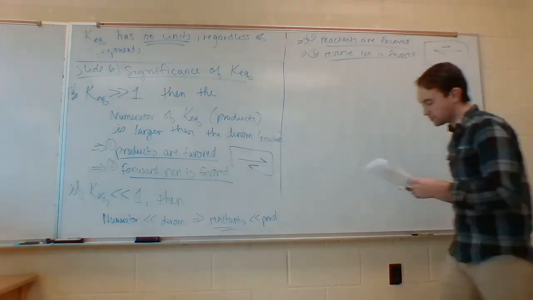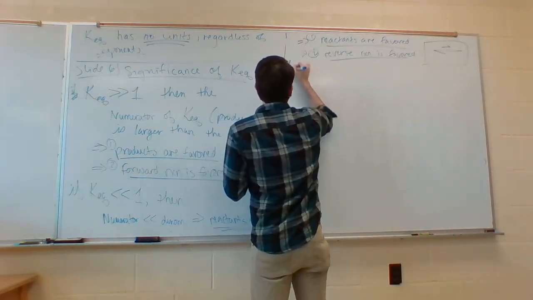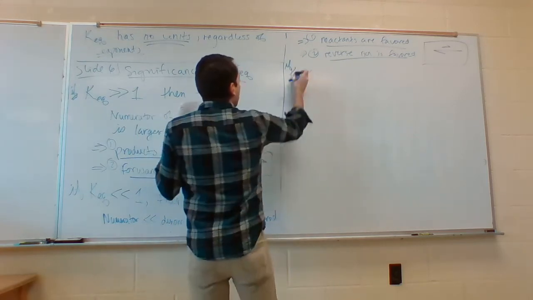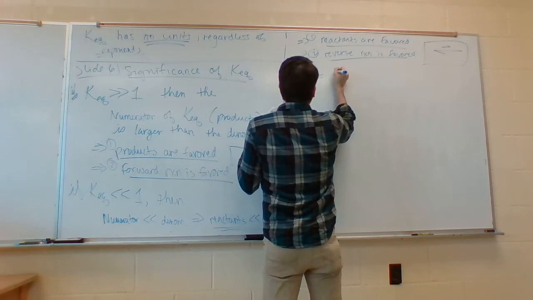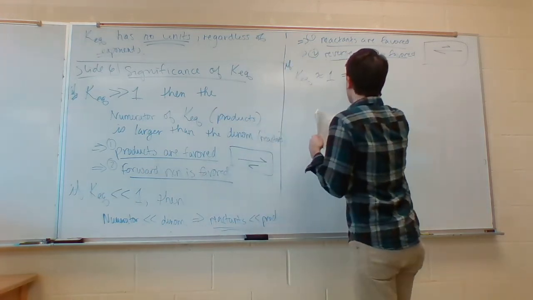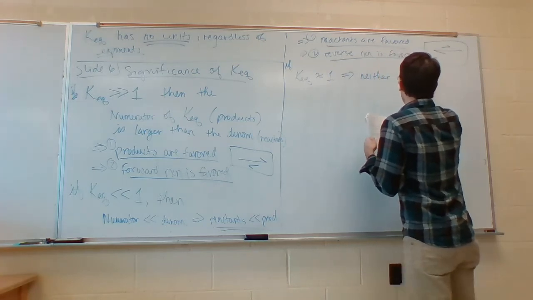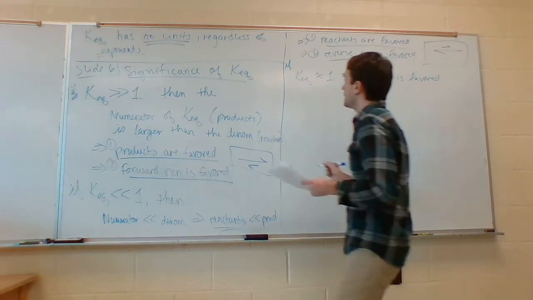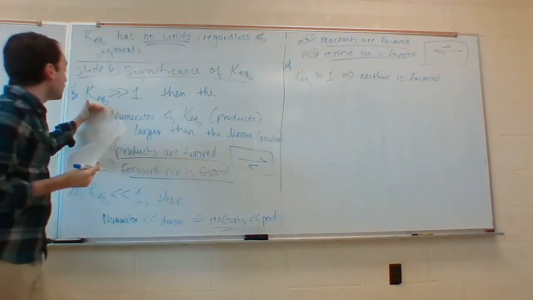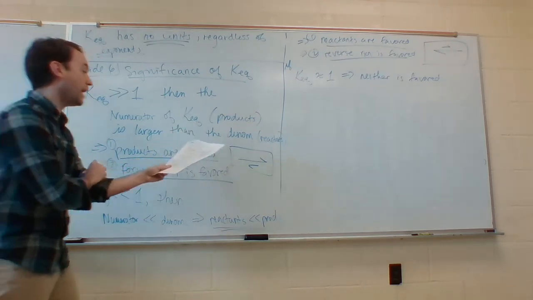Lastly, if KEQ is approximately equal to 1, neither is favored. So you'll want to know each of these conditions and be able to apply them to a particular reaction.